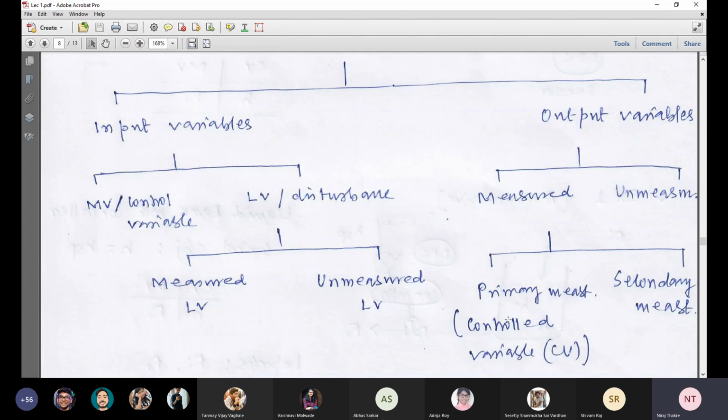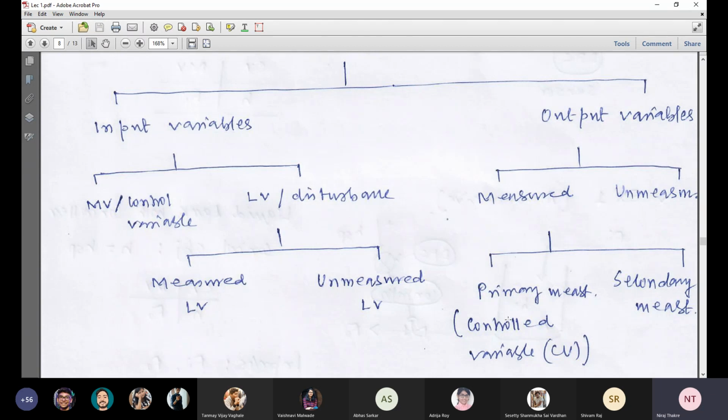So you have to keep the name of all these variables in your mind all the time. In many cases, I have seen that many students do not remember these and they cannot understand many simple things even. So you remember the names of these variables all the time.